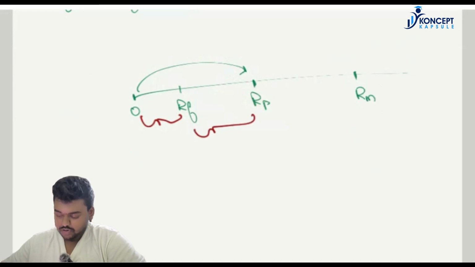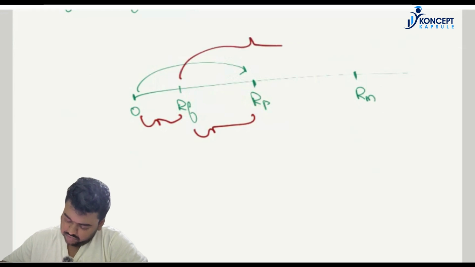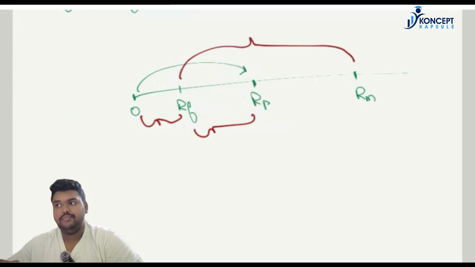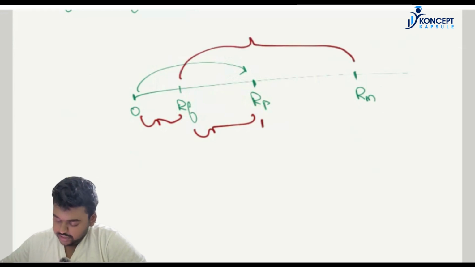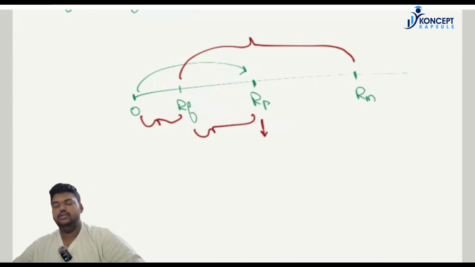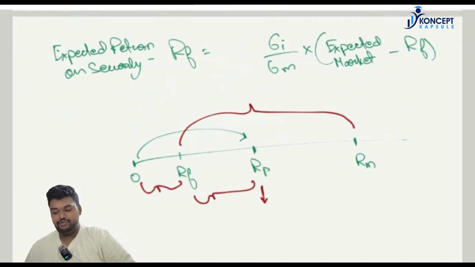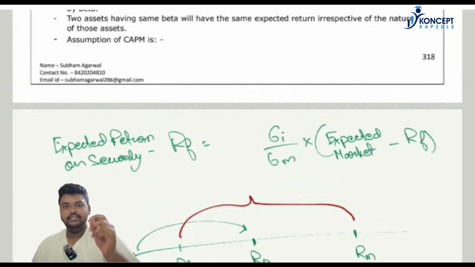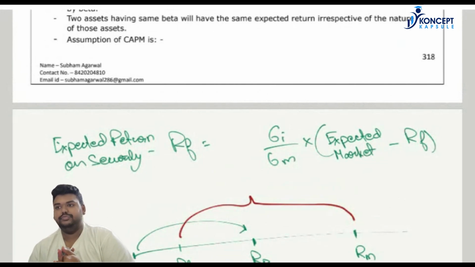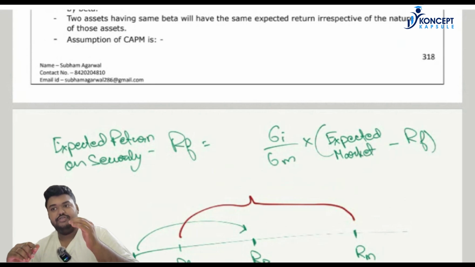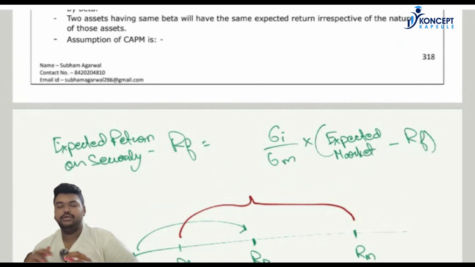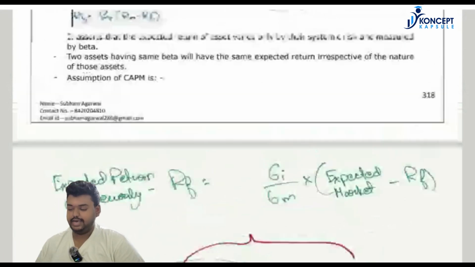In order to travel from RF to RP, we took the road from RF to RM and then broke it over here. Guys, do you remember that example? If you do not, I would suggest please look at the first class of portfolio risk and return. That was a very good and detailed example, so we cannot repeat it over here again.